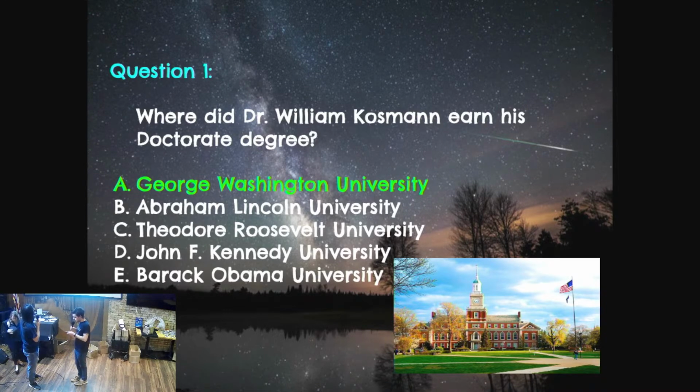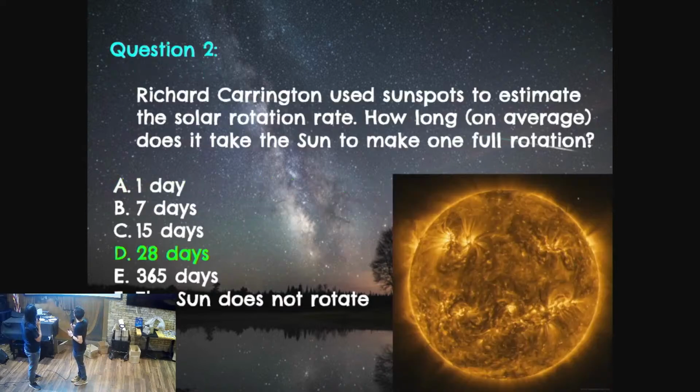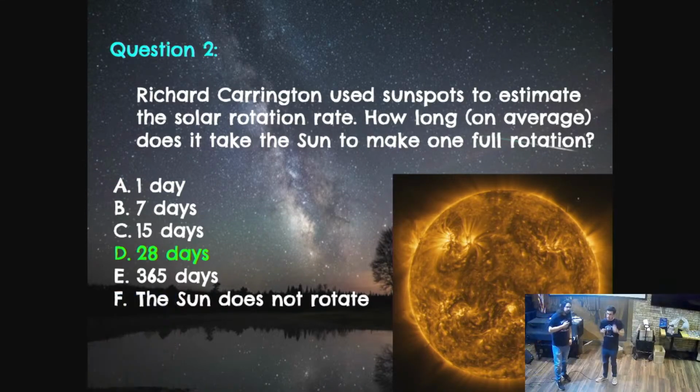Question 2 is about the sun's rotation. The answer is 28 days. For all you curious folks out there, the sun does indeed have a differential rotation rate, so different parts of the sun rotate at different rates. That's why we included "on average."